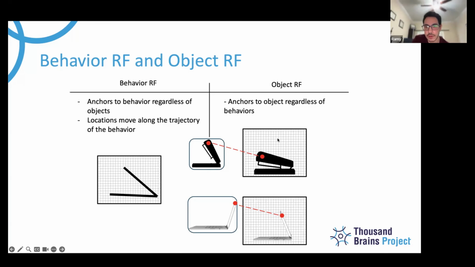We need the location from the object reference frame, and the location in the behavior reference frame. The behavior does not really represent the object in any physical space. It just represents the behavior, but it can be applied to any object. And the object locations can be applied to that same object, but on multiple different behaviors.